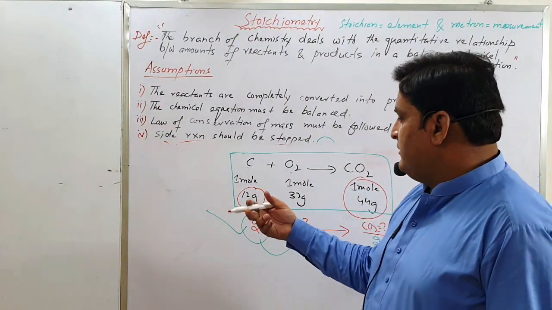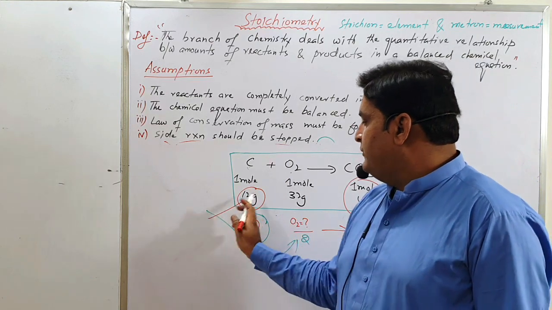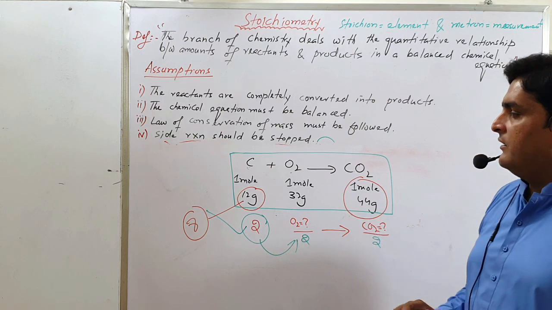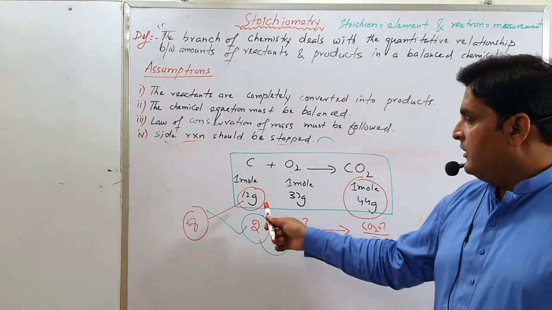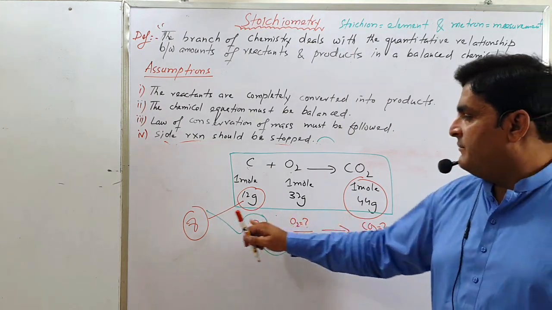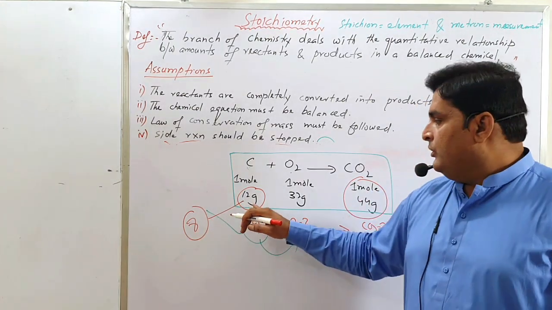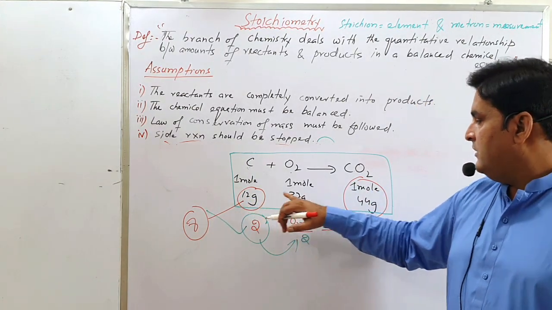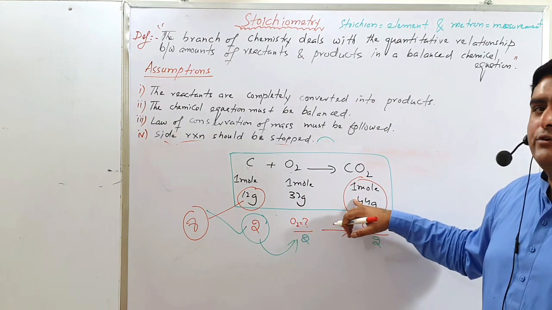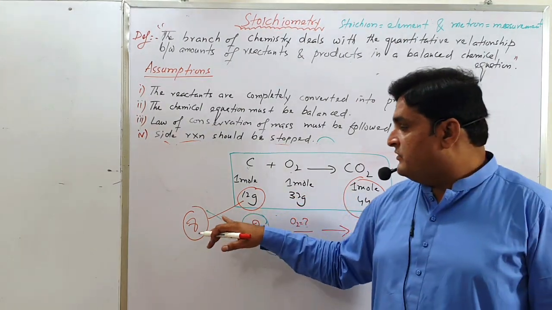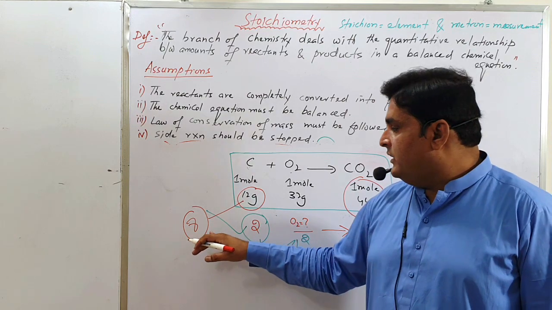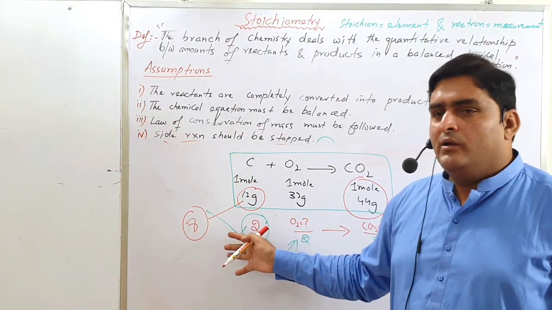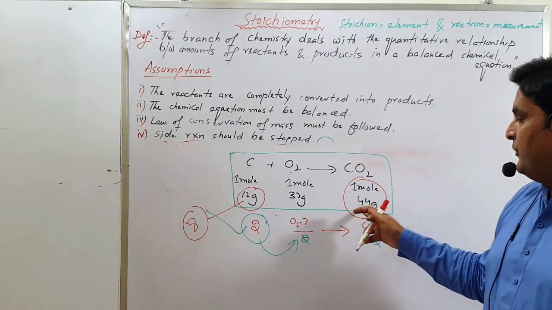Say, if out of 12 grams, only 8 grams are converted into carbon dioxide, can we get the 44 grams from 8 grams? No. If we have exactly 12 grams, we can have 44 grams. But if the reaction has not been finished, only 8 grams have been consumed and 4 remain unreacted. So we won't have 44 grams.